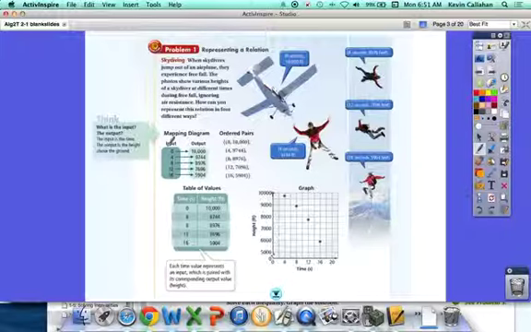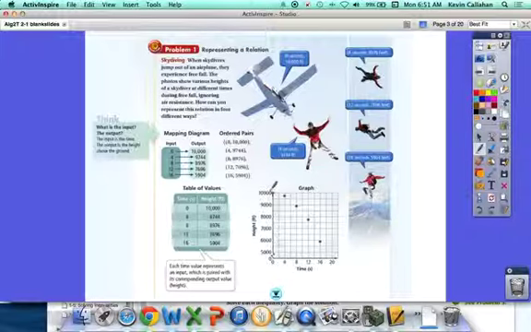And in a mapping diagram, here we see at 0 seconds since he jumped out, he's at 10,000 feet. At 4 seconds since he jumped out, he's fallen to 9,744. Right? So this is our mapping diagram. These are the ordered pairs, table of values, and graph.